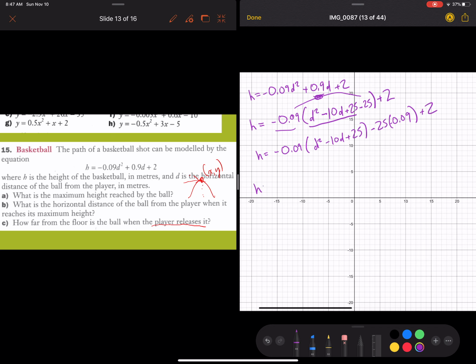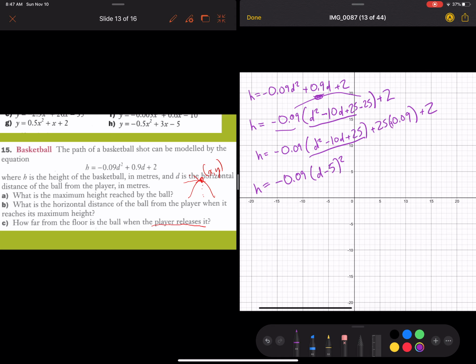Yes, that's a negative. So what do we end up getting? h equals, this is a perfect square, d minus 5 squared. And then what's minus 25? Basically it becomes a plus.